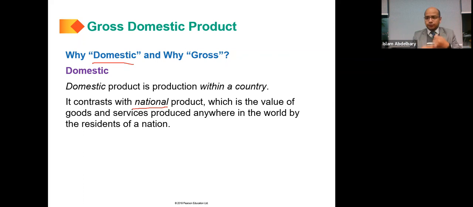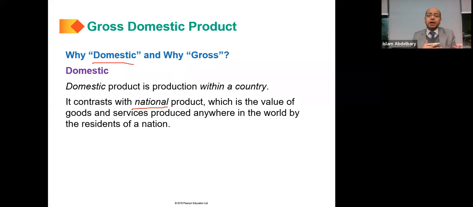Egyptian, of course, American people, other Arab people, Sudanese people, Chinese people, whoever is living in Egypt and working and producing, this production is included in the GDP. Why? Because we care about the location, gross domestic.